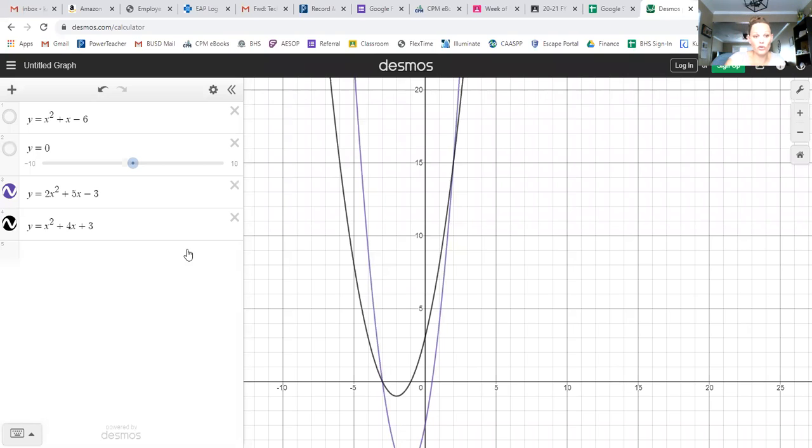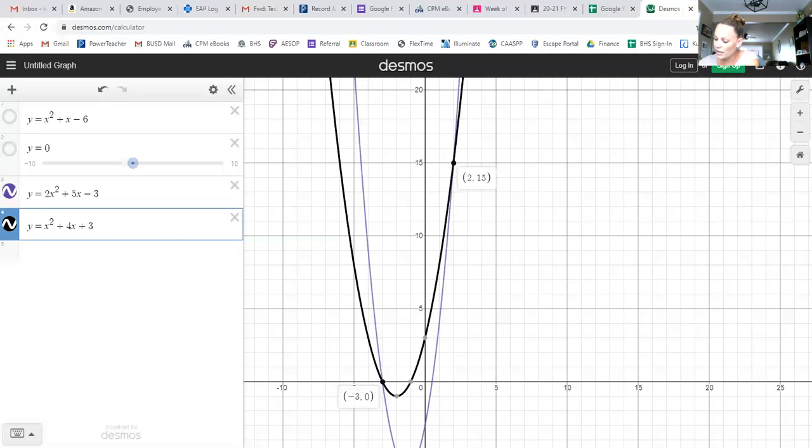So when I graph these two parabolas, I can see that the intersections are (-3, 0) and (2, 15). So I wrote that on my paper. Those intersect at (-3, 0) and (2, 15), which tells us that x equals -3 and x equals 2. Because again, you only look at the x coordinates.